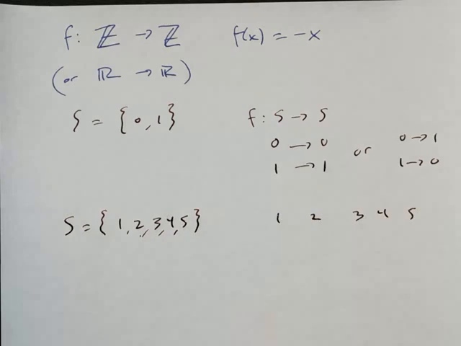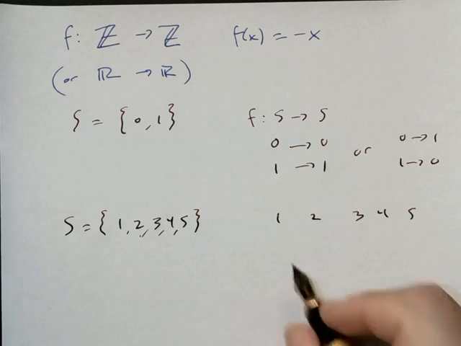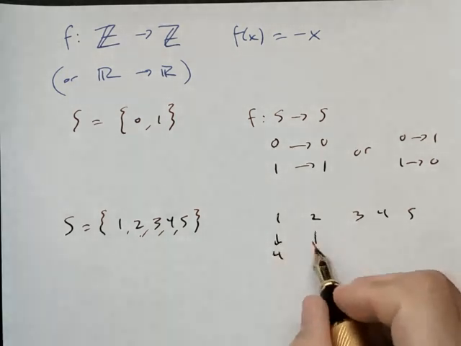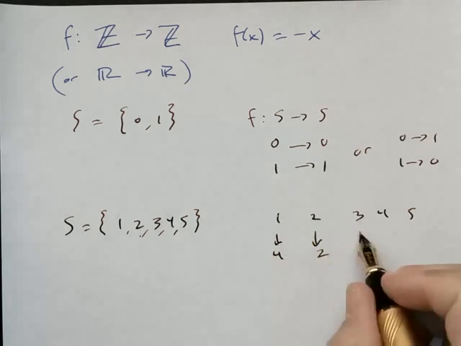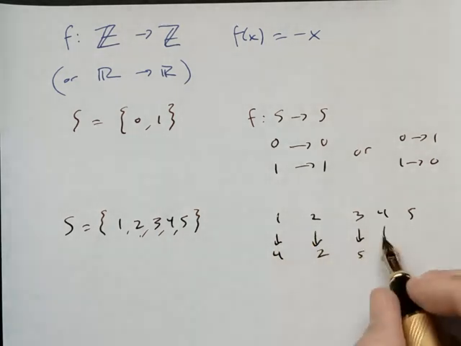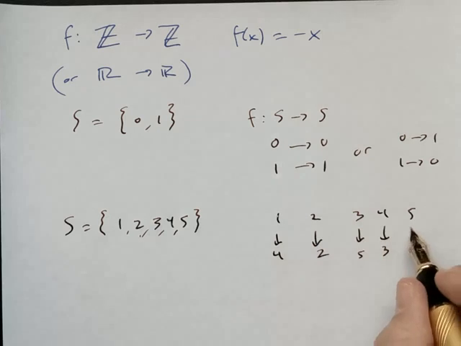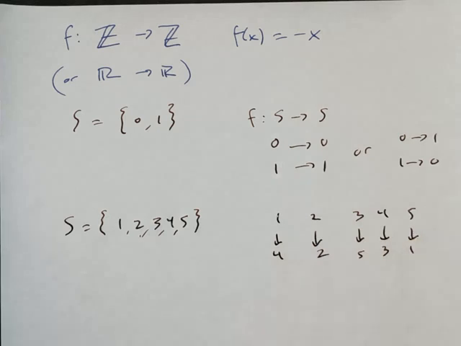Rather than write columns, I'm going to write a row. So let's consider the permutation where 1 goes to 4, 2 goes to itself, 3 goes to 5, 4 goes to 3, and 5 goes to 1. This is a permutation.